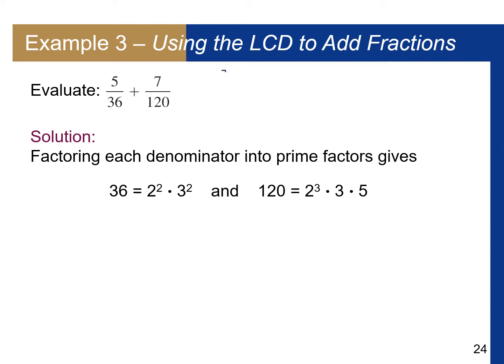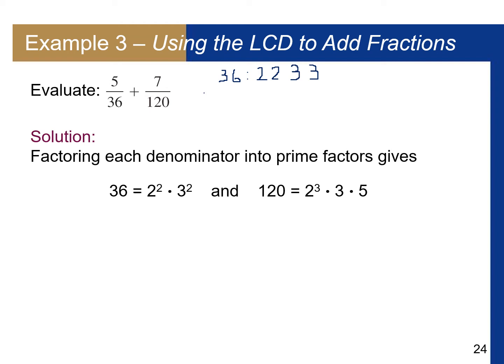So if I have my 36, and I know that my 36 is going to be 2 times 2 times 3 times 3. Sorry about the writing. I'm doing the best I can here. Okay, so that's 2 times 2 and 3 times 3.